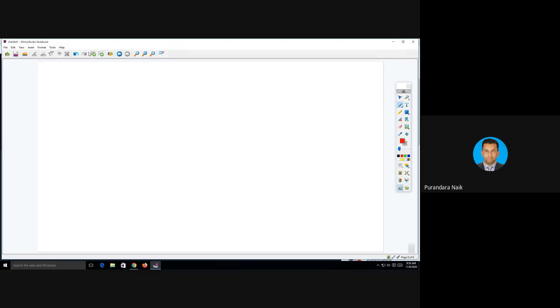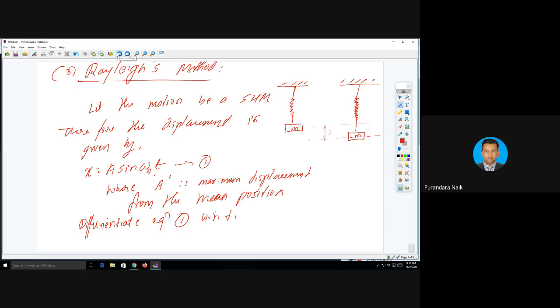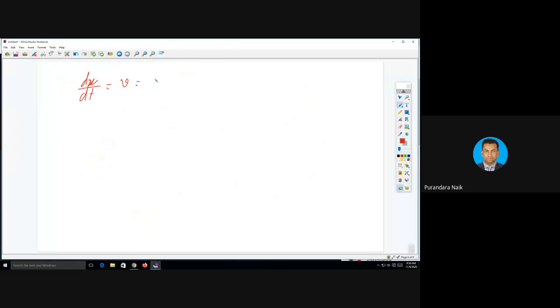Differentiation of x with respect to time dt is equal to v, velocity. Differentiating this equation, we will get omega n a cos omega n t, equation number 2.